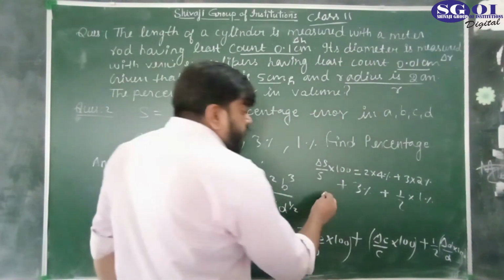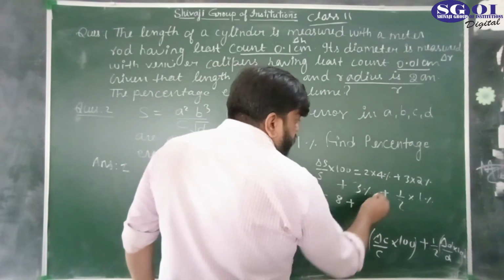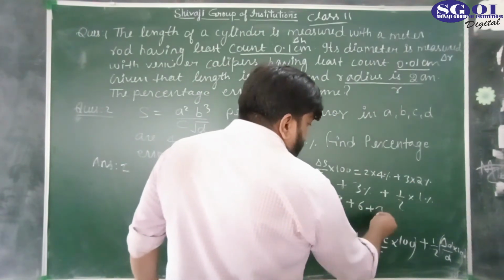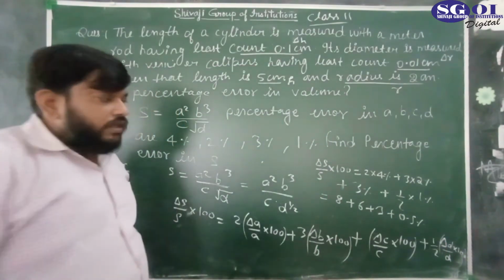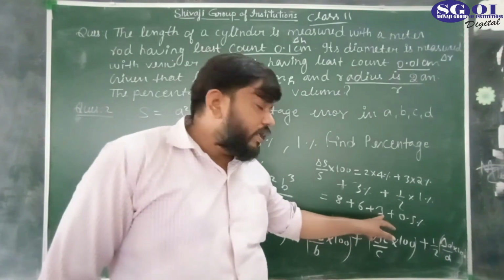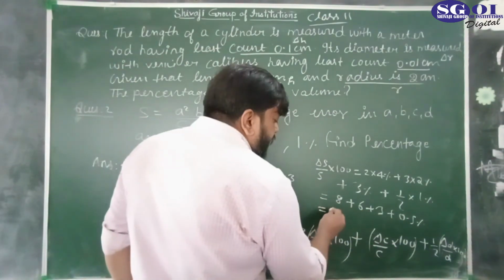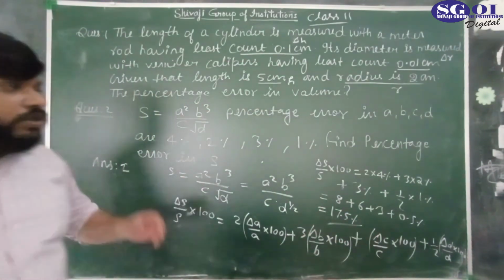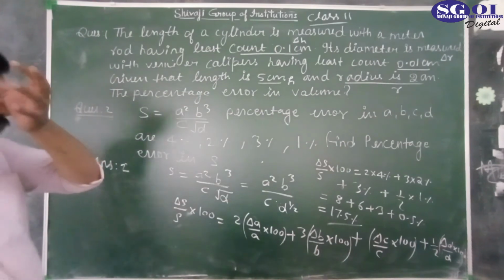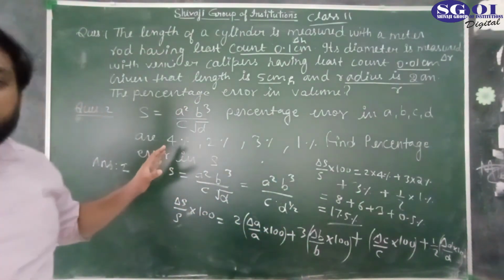On solving this, 2 fours are 8 plus 3 twos are 6 plus 3 plus 0.5%. 8 plus 6 is 14, 14 plus 3 is 17, 17 plus 0.5 would be 17.5%.